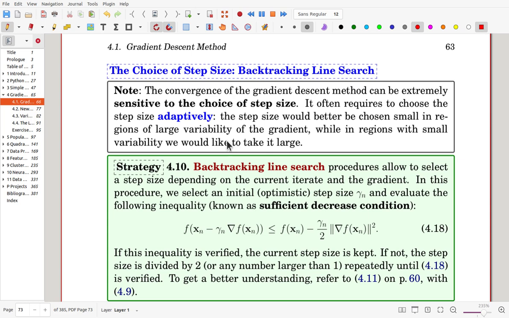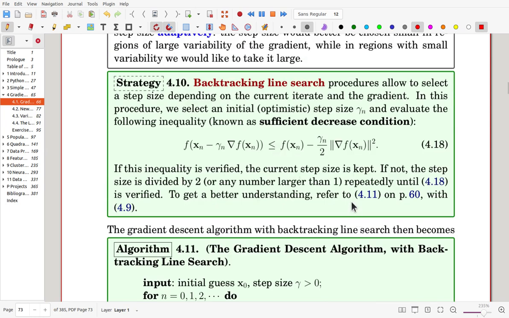The step size had better be chosen small in regions of large variability of the gradient, while in smooth regions we can choose a larger one. One very popular strategy is backtracking line search.